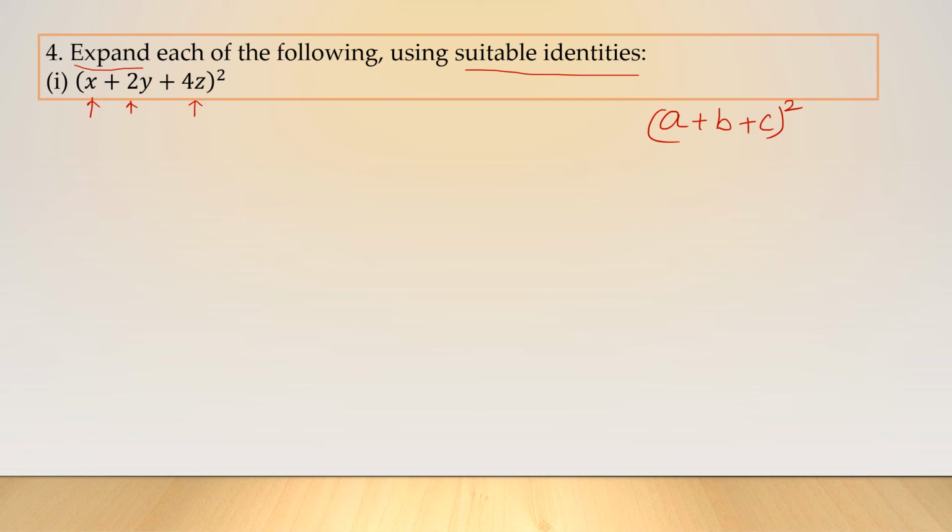So we will apply the identity (a plus b plus c) whole square is equal to a square plus b square plus c square plus 2ab plus 2bc plus 2ca.